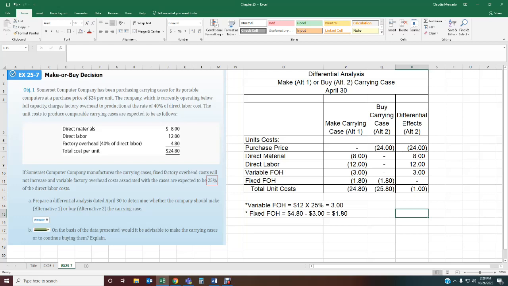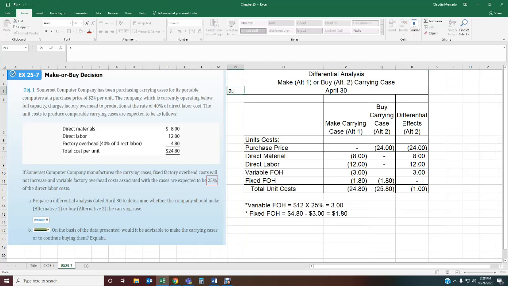If you buy the case, you're going to spend $25.80: $24 that you're paying the vendor, and $1.80 for the fixed overhead cost. Now we are being asked to respond to requirement B. On the basis of the data presented, would it be advisable to make the carrying cases or to continue buying them? Explain.